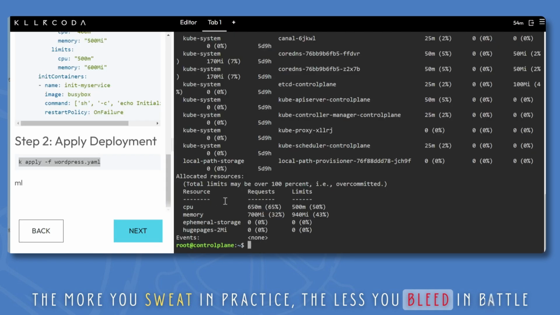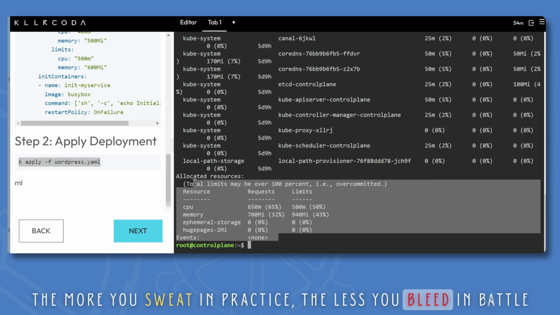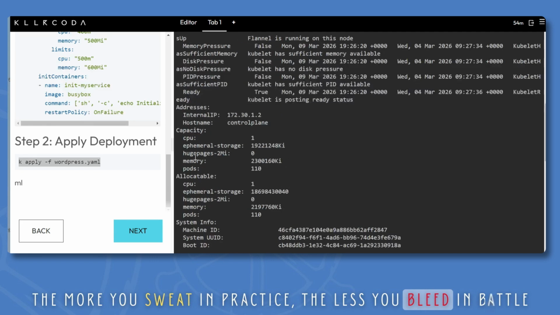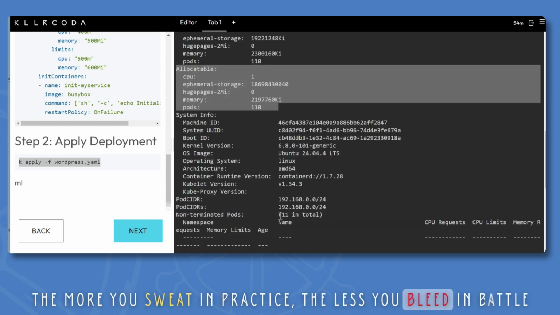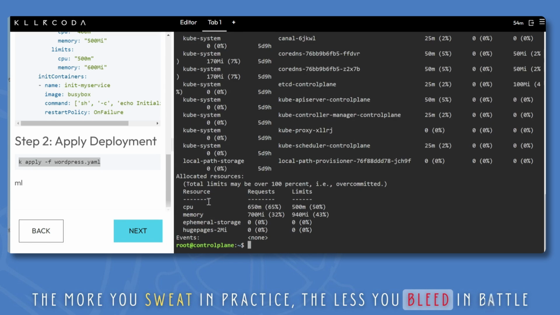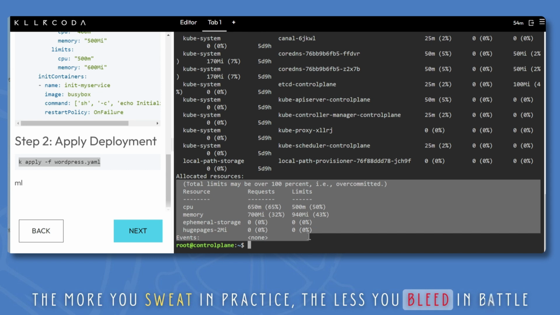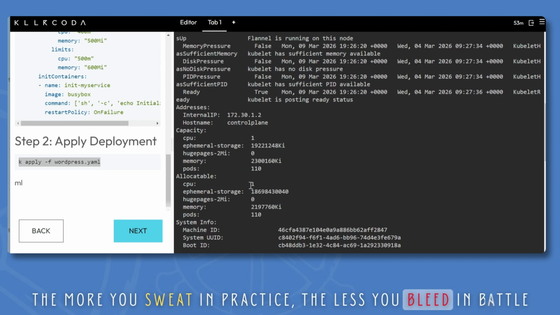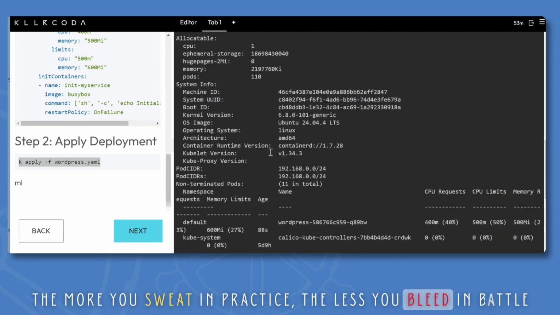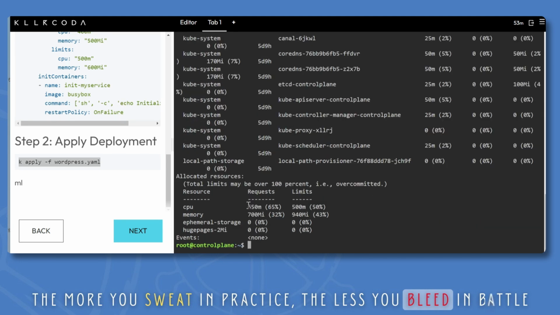Here under allocated resources, if you go here, you see whatever the capacity is and what you can allocate. After the allocation, this much resource is already reserved. If you want to know the free space, that is the allocatable. So it's one core, and here 650 is already utilized. How is 650 utilized?